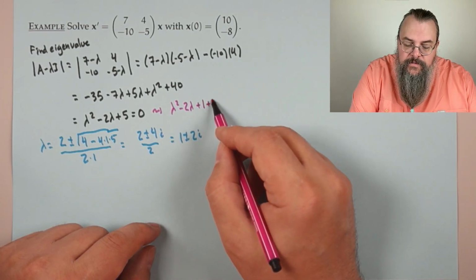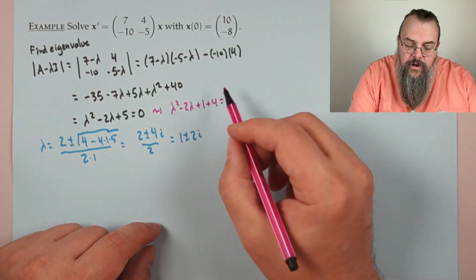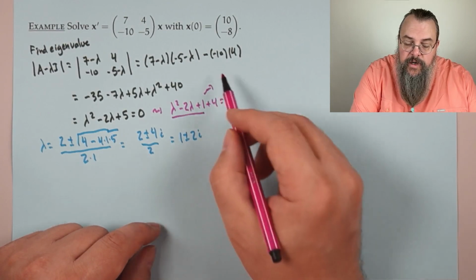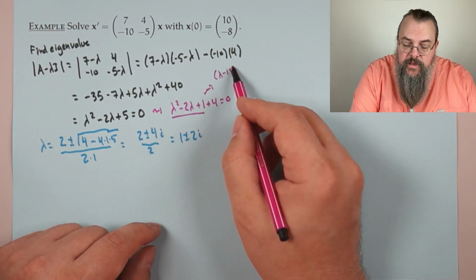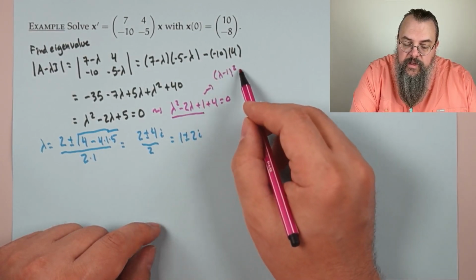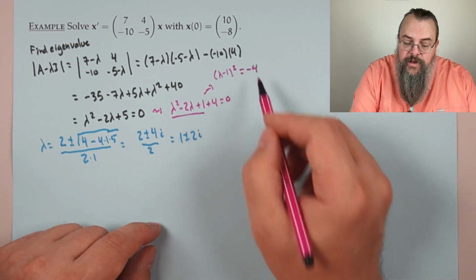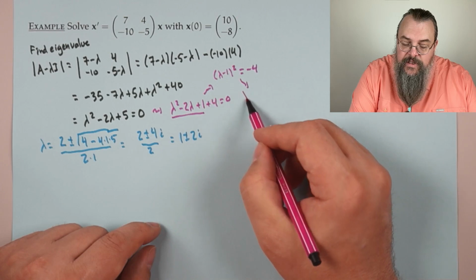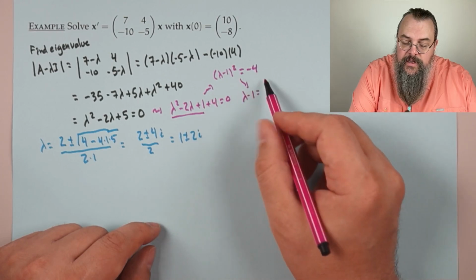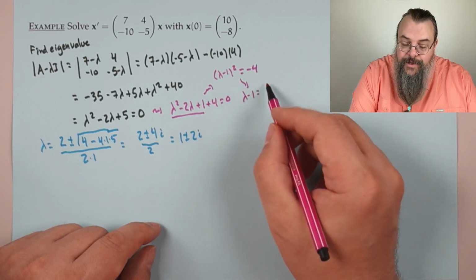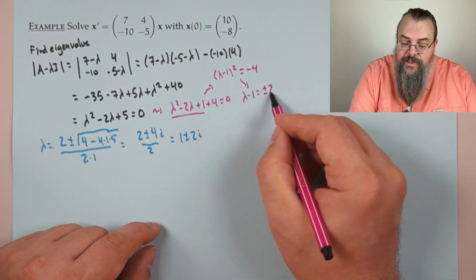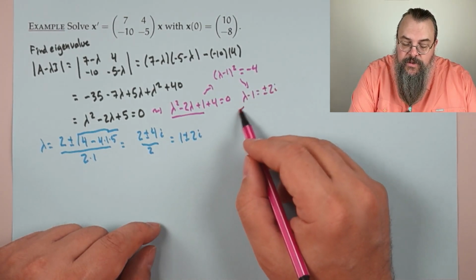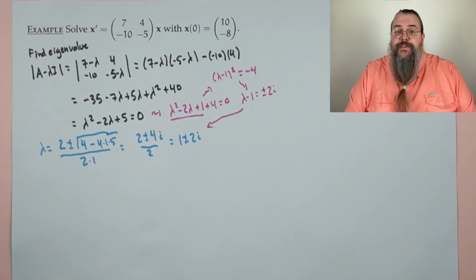And then, of course, you add 4. And you say, oh, well, that's the same as lambda minus 1 squared is equal to minus 4. Now, take a square root, and you say, oh, that's the same as lambda minus 1 is the square root of negative 4, plus minus 2i, which gets you to 1 plus minus 2i.